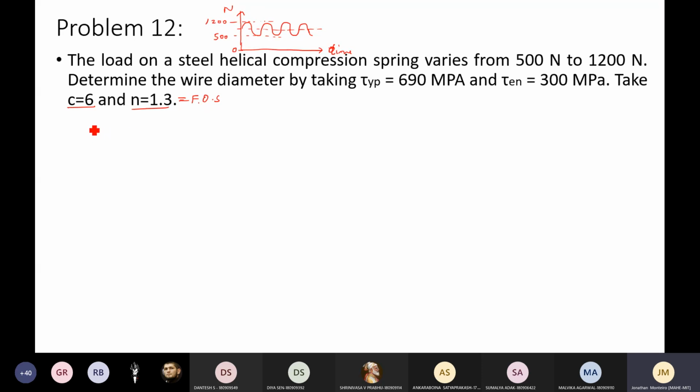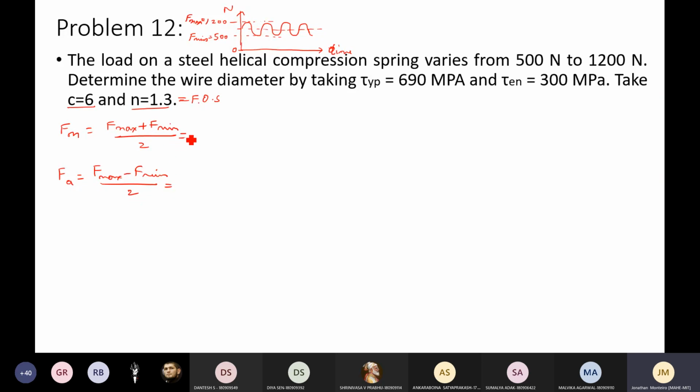Now, we will calculate if 500 is the minimum load, or F minimum, and 1200 is F maximum. So what about Fm, the mean load? Mean load is F max plus F minimum by 2. We have used that in the previous semester, so I think you are familiar with that. And the alternating load Fa is F max minus F minimum by 2.